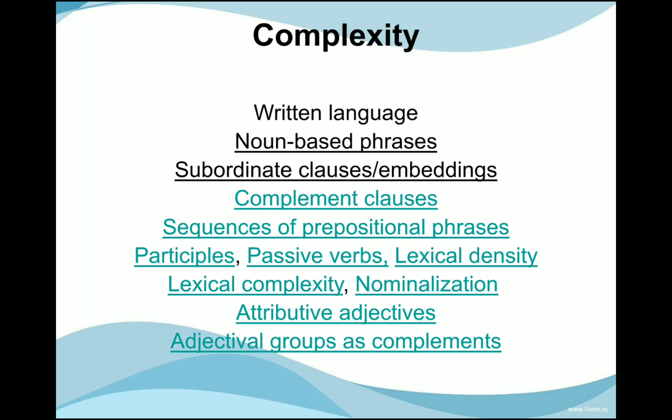The following features are common in academic written texts: noun-based phrases, subordinate clauses, embeddings, complement clauses, sequences of prepositional phrases, participles, passive verbs, lexical density, lexical complexity, nominalization, attributive adjectives, adjectival groups as complements.